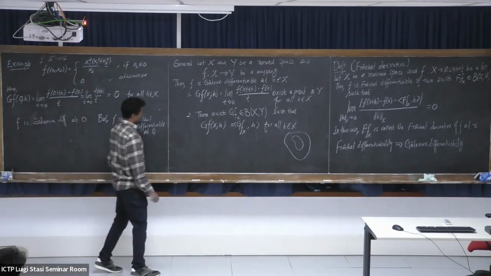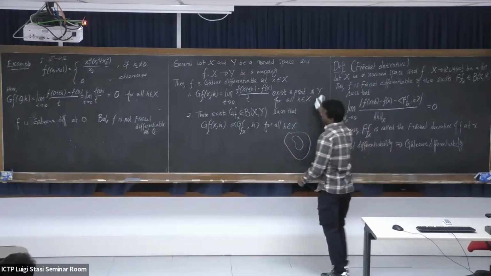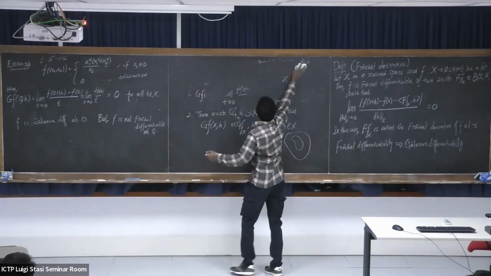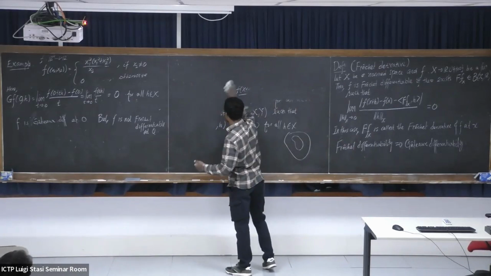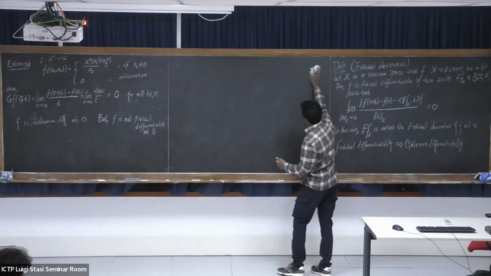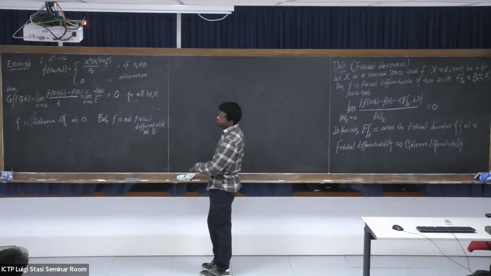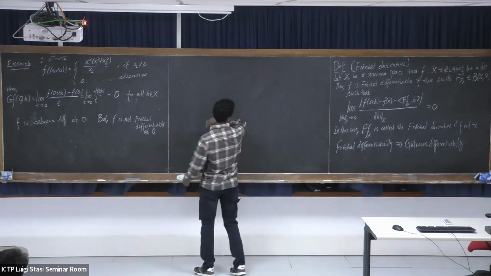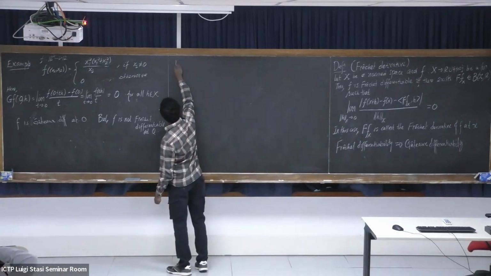This is the difference. We have plenty of examples where the mapping is Gateaux differentiable and the function is not Fréchet differentiable. We can also extend Fréchet differentiability from a normed space to a normed space.